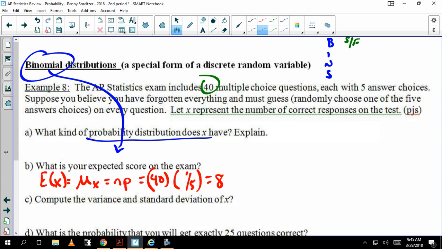Now, as a little extension to this problem, in the old days, they used to have what they called a correction factor for guessing. Basically, they took off 1/4 of a point for each problem you missed. So you got 1 point for each one you got right, and they subtracted 1/4 of a point for each one that you answered incorrectly. Sort of a little punishment for guessing wrong. So if they graded you that way, what would your expected score be? Well, you would still be expected to get 8 questions right. So you got 8 points.